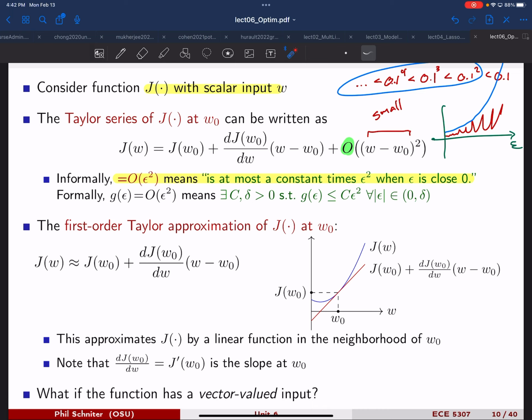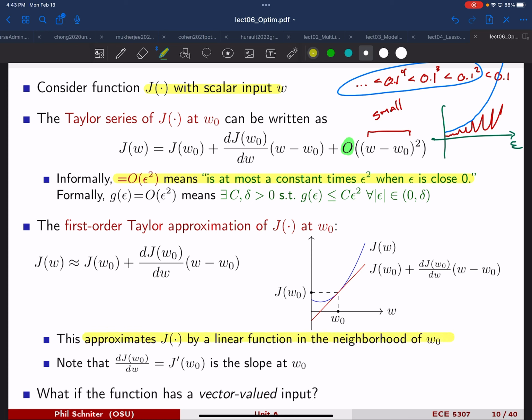But as W varies away from W naught, you start to build up a little bit of error. Not much error when you're close to W naught, but as W gets far from W naught, you may have a lot of error. So this is a way to approximate things by a linear function in the neighborhood of W naught.